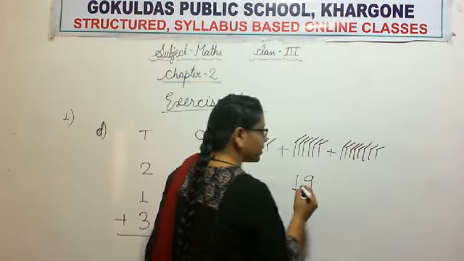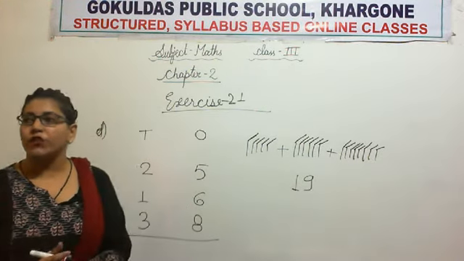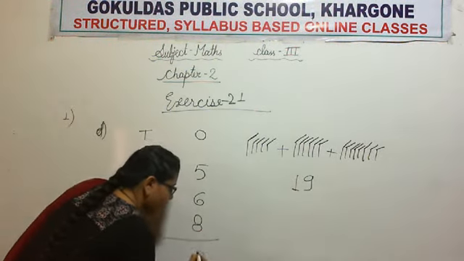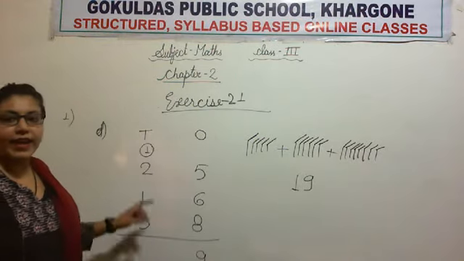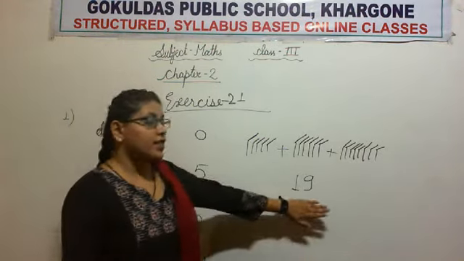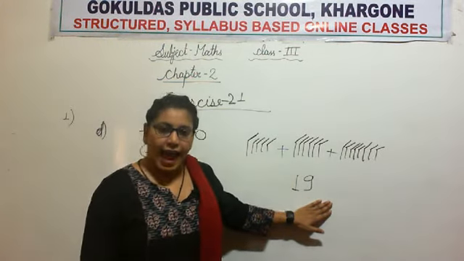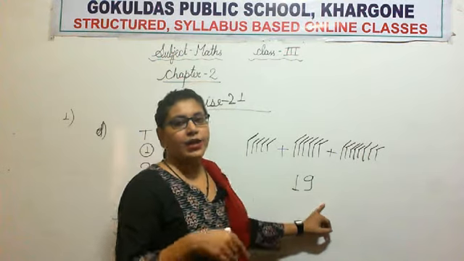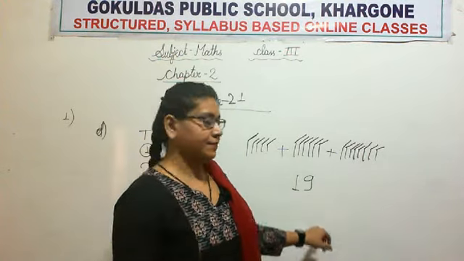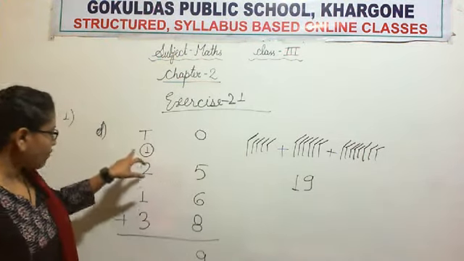Our answer is in the form of 2 digits. So what we will do? We will write 1 digit here and the next digit in the form of carry here, because in the number 19, 9 ones are there and 1 ten is there. 9 ones and 1 ten.